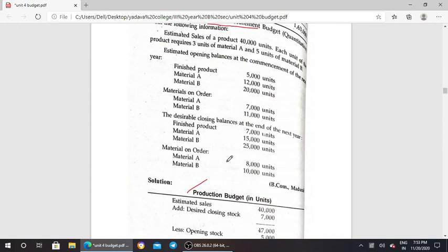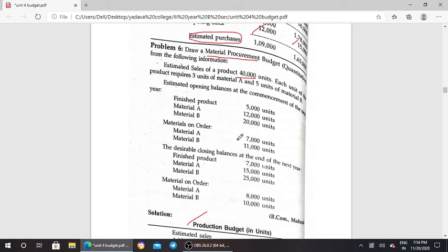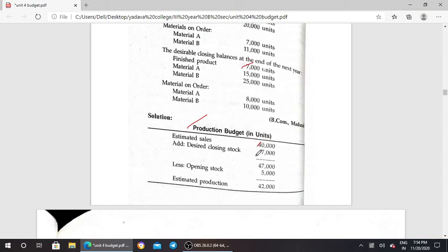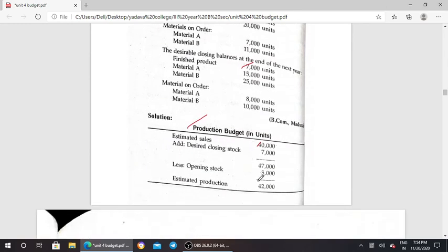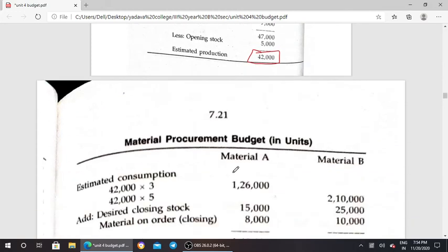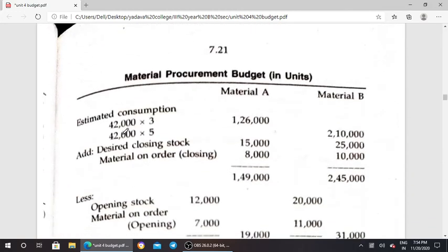So in the beginning they have given 40,000 as estimated sales, then 7,000 for order A, 7,000 for finished product, that is closing stock. Add closing stock 7,000, then less opening stock 5,000. So we will be getting estimated production. With the help of this estimated production we are going to calculate all these things.